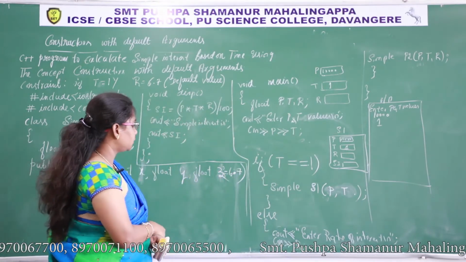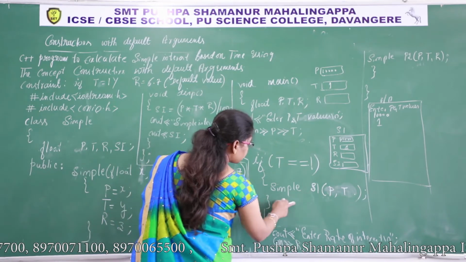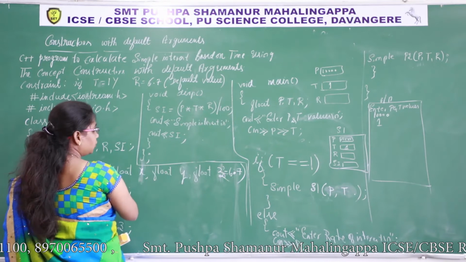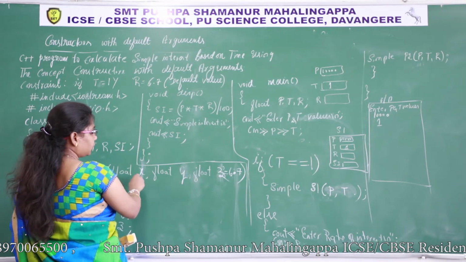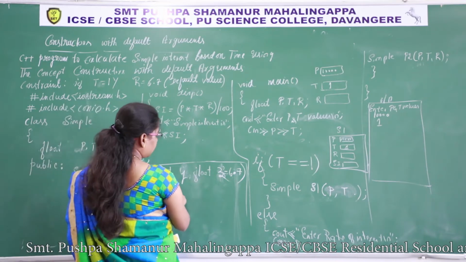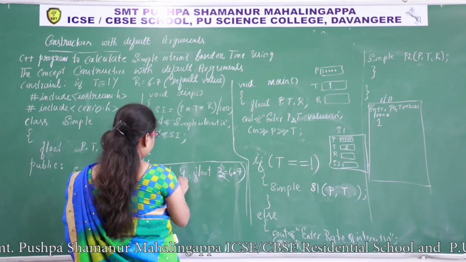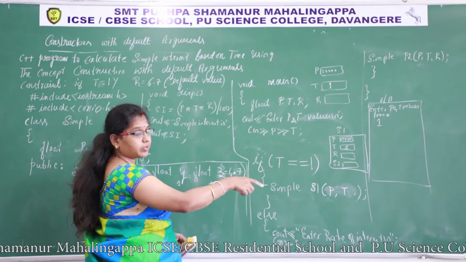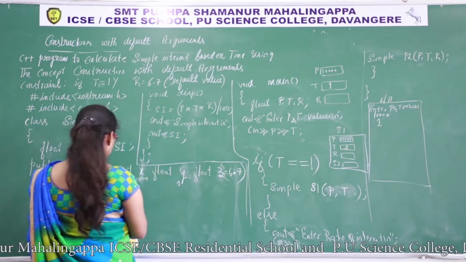After that, what happens? This is a parameterized constructor invocation, no? Then this constructor will be invoked. P value goes to X. Now X is 10,000 and Y gets the value of T, 1. Then Z is 6.7. There is no other argument, so the default value will be set.